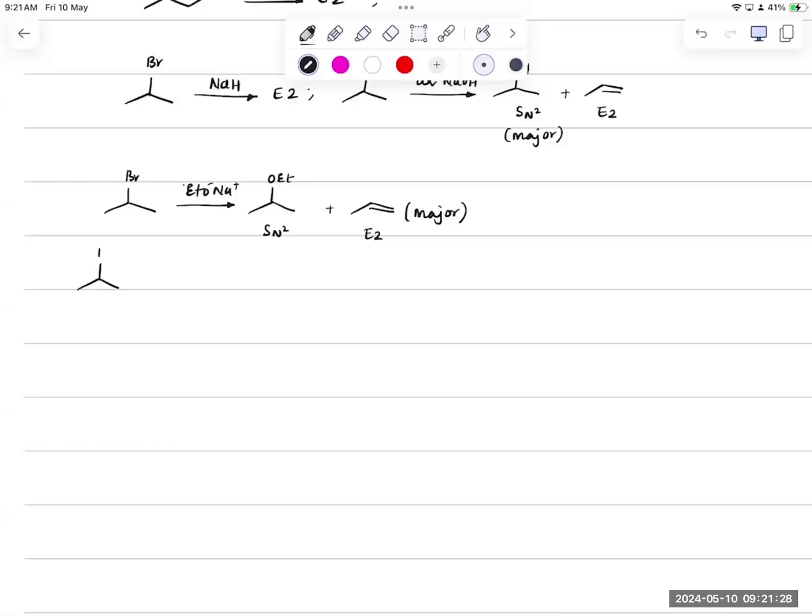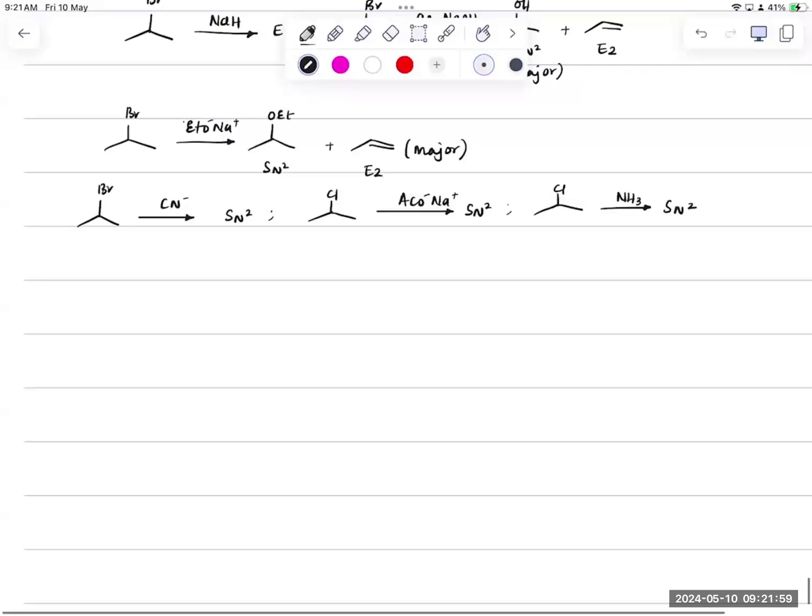Next, if you have Br, secondary position, and you have cyanide, CN minus, you will do SN2. Heat is not given, so you'll go for SN2. If you have Cl and you have been given ACO minus Na plus, so again SN2. If you have Cl with ammonia, SN2.